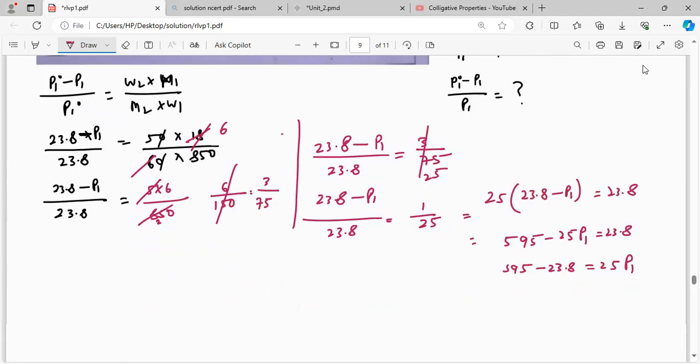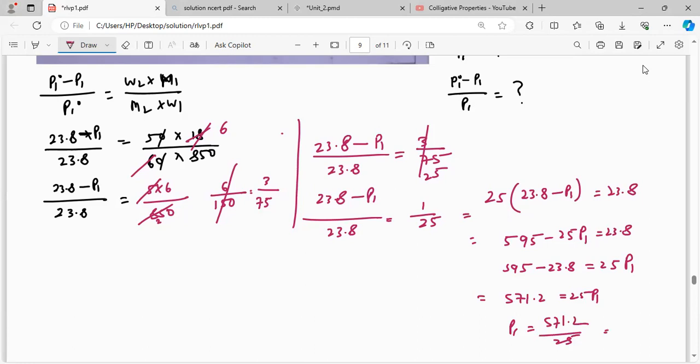Is the urea mass 60 or 69, sir? 60. So it is coming 571.2 is equal to 25 P1. So P1 is equal to 571.2 divided by 25.